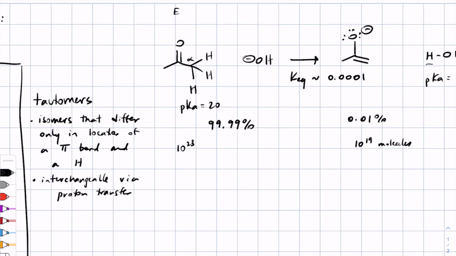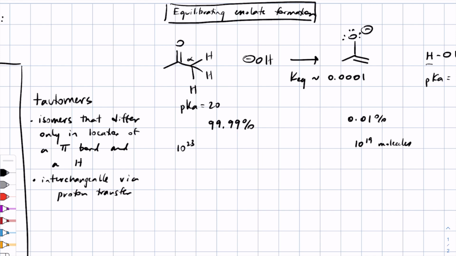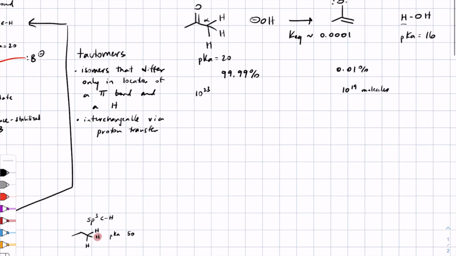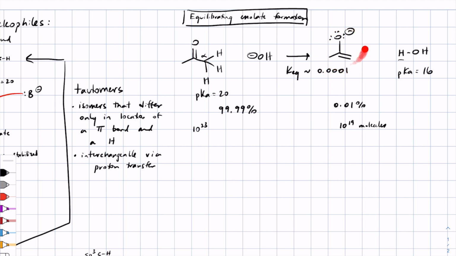You only make a very small amount of enolate. Nevertheless, by Le Chatelier's principle, if we can shunt off the enolate into some other product, that will tend to pull more of the ketone starting material over in this direction. So we're going to be doing a ton of things in the next few chapters using enolates.